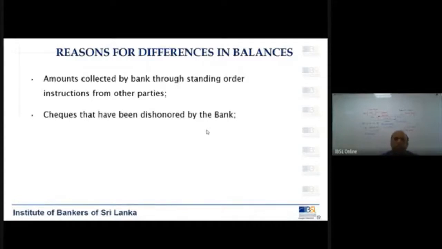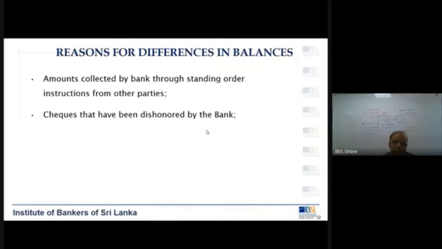And obviously, checks that have been dishonored by the bank. So what will happen? When you go and deposit a check, you will debit your bank column. So the check is now deposited. But after 2 days' time, the check might be returned or dishonored. So what will happen? You will not see that credit in your bank account.